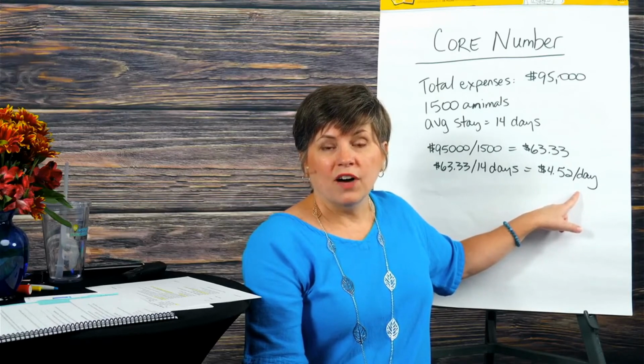All right, so here's what you do. Once you get this number, this $4.52, this is what you're going to use as you are inviting people to give to your organization. So now, instead of saying, help us reach our goal of $10,000, which has zero inspiration in it at all, you can say, your gift of $4.52 is going to provide a day's worth of care to an animal in need.